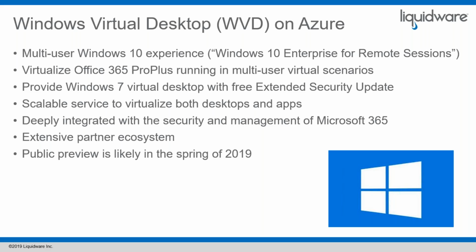They've tried to optimize the delivery and packaging, making sure that Office 365 and all of its applications work as a first-class experience. With Windows 7, they're continuing to extend security and keep it patched, so that Windows 7 can still be used as a virtual desktop. And as they've been building this, scalability has been key.